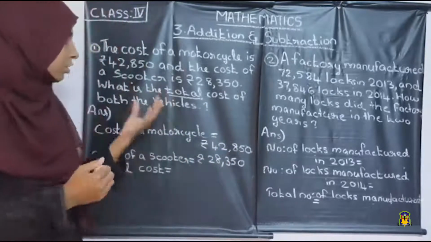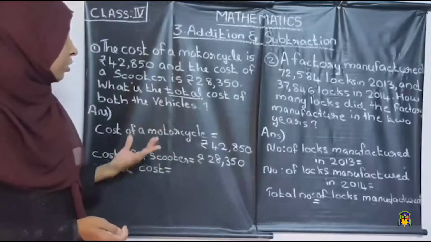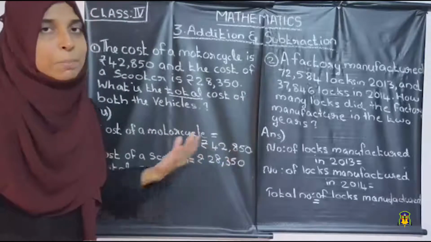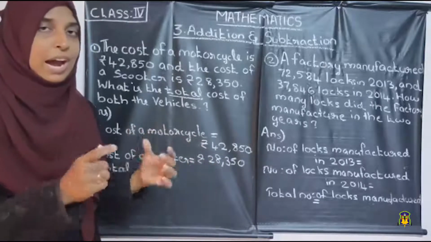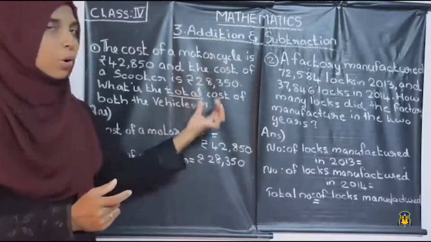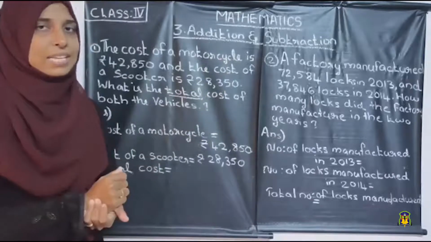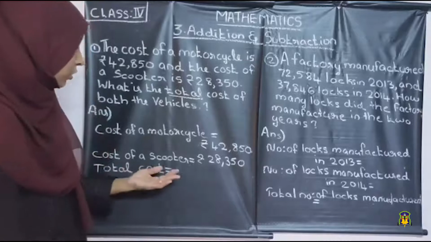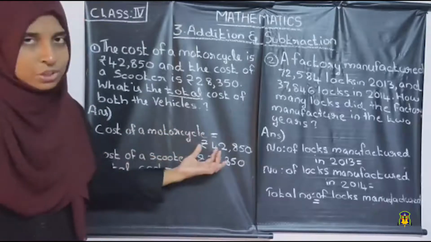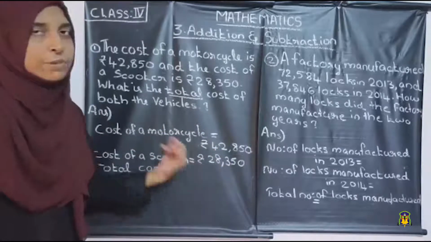Okay. So total cost means cost of motorcycle plus cost of scooter. We want to add both the costs and find the answer. That is the total cost. So the total cost is equal to cost of motorcycle plus cost of scooter.